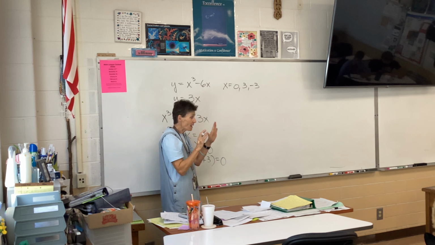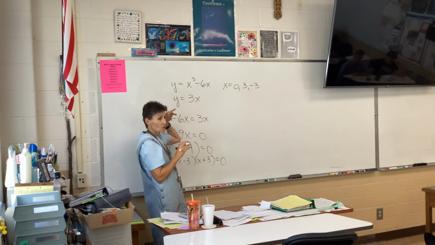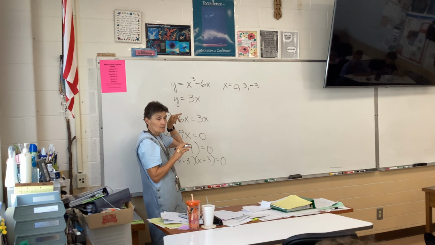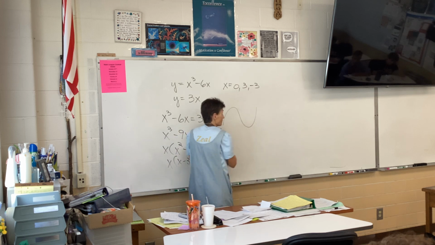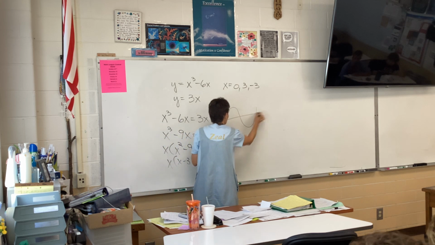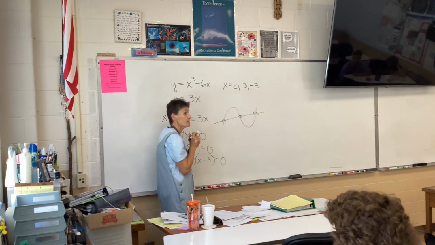Okay, and now time out. Remember, these equations also have y's. So we have two shapes. We have some kind of cubic thing, and we have a line, and they're intersecting in 3 points.